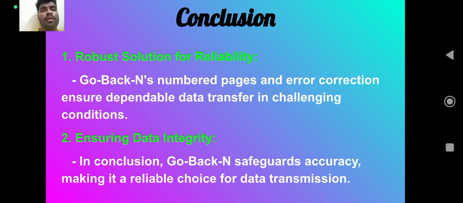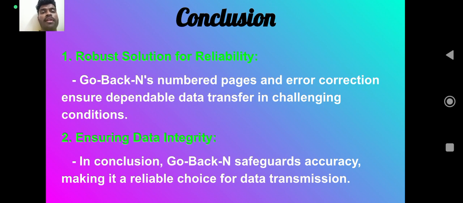Conclusion. Robust solution for reliability: Go Back N numbered pages and error correction ensure dependable data transfer in challenging conditions. As I told, its main feature is reliable data transfer. That is, no data is lost during a transmission, and all the packets are numbered so that we can see the order of the data coming from the sender to the receiver, and we can even detect the error and correct the error also.